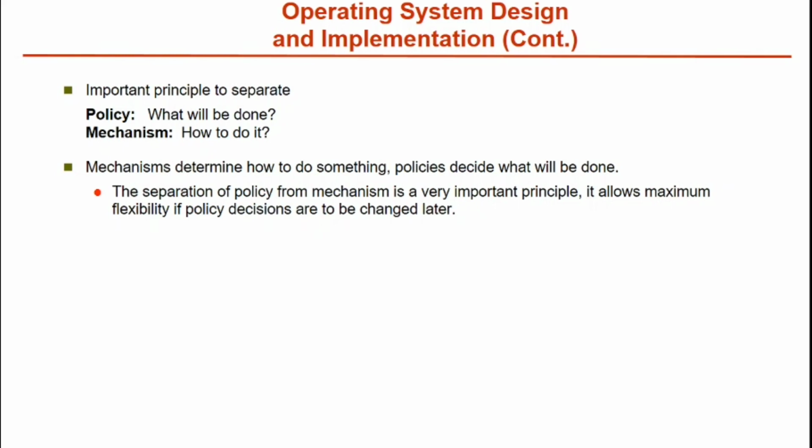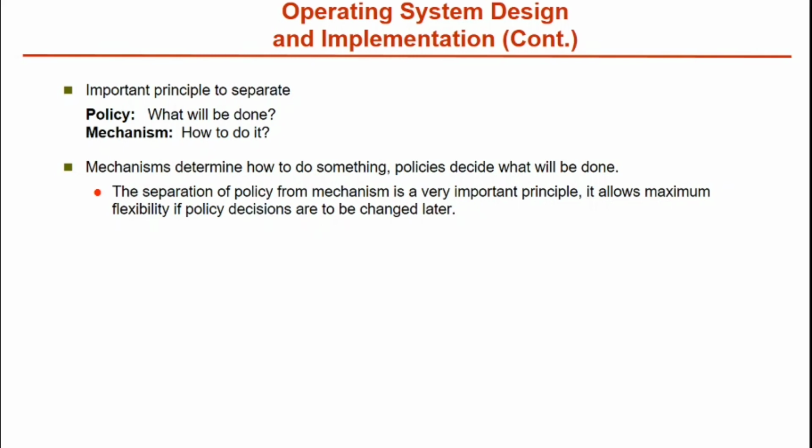Mechanism determines how to do something, while policy decides what will be done. The separation of policy from mechanism is a very important principle. It allows maximum flexibility if policy decisions are to be changed later.